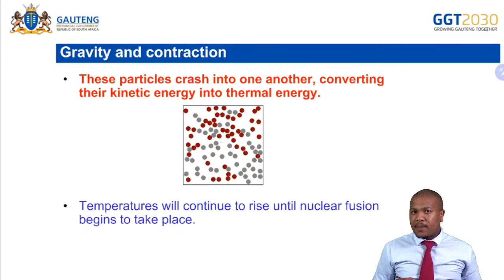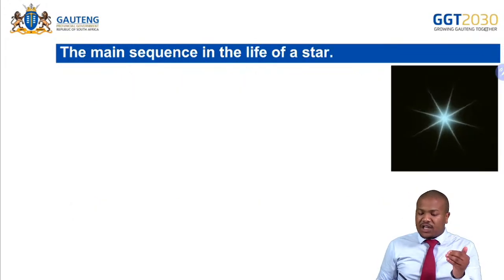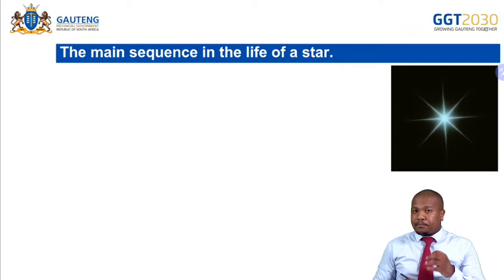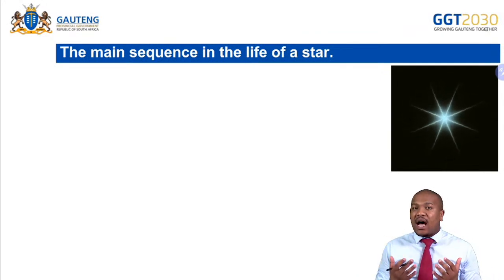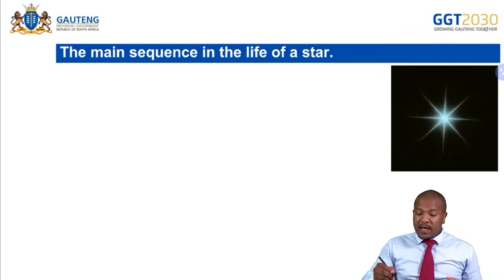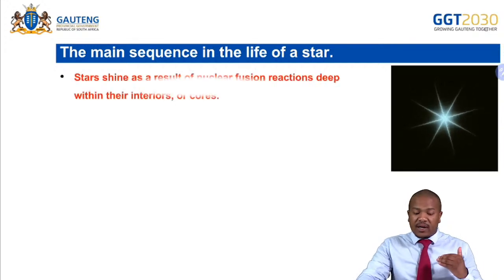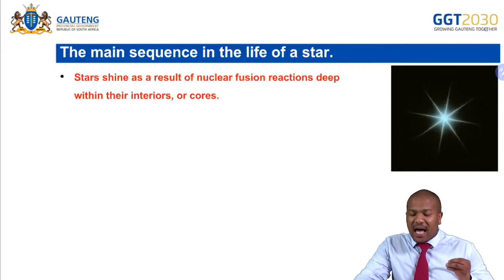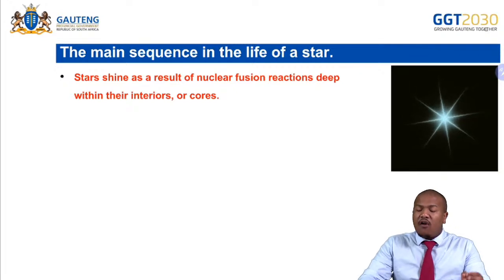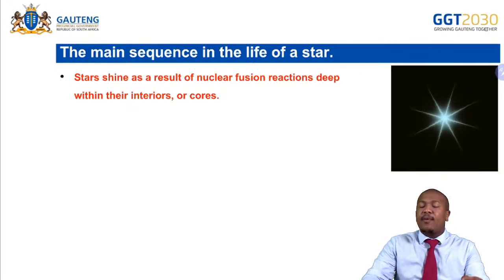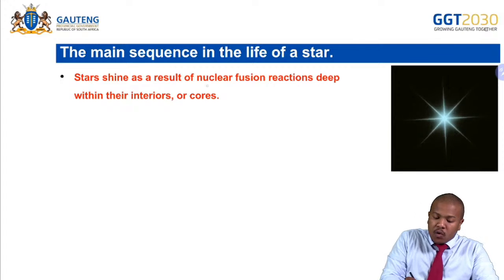So now, from nuclear fusion, that's where you start having this glowing star, the shiny point in our night sky. Stars shine as a result of nuclear fusion reactions deep within their interiors or cores.